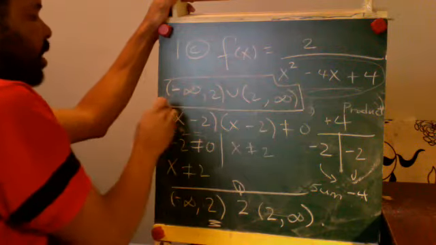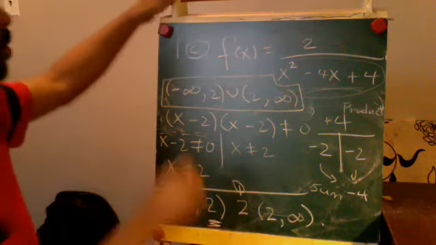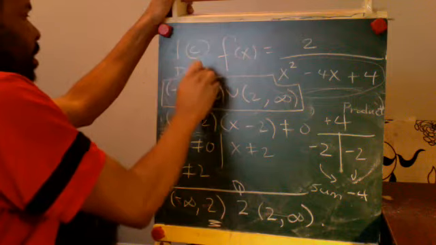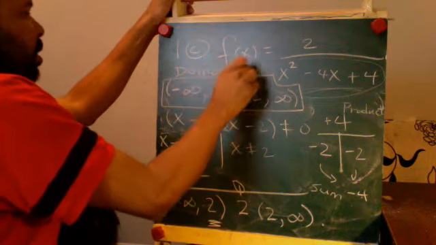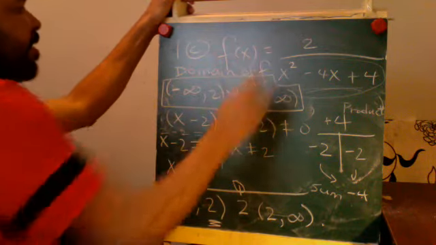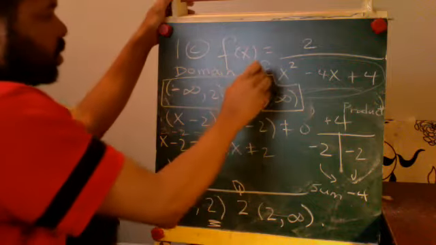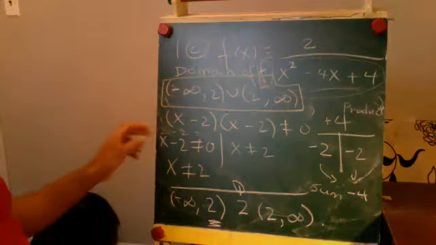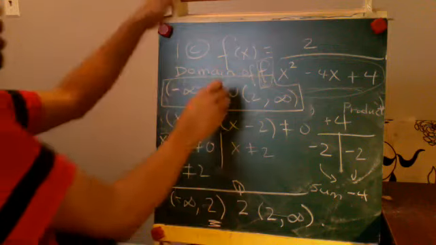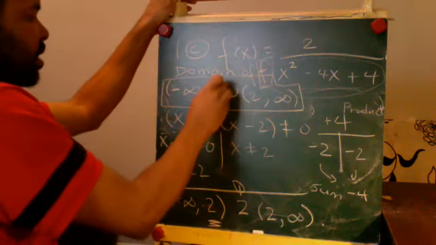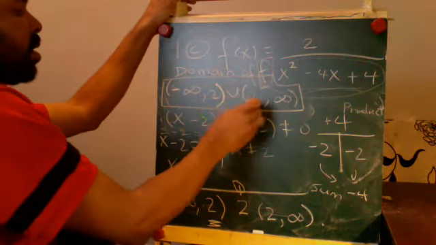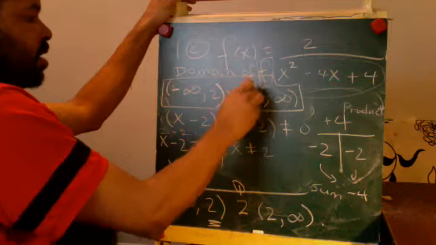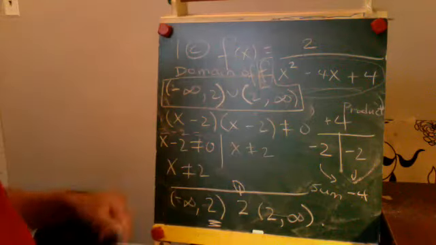So in interval notation, the domain of f is equal to negative infinity up to 2, parentheses, union 2 to positive infinity. So again, all numbers except for 2 would give us our union here.